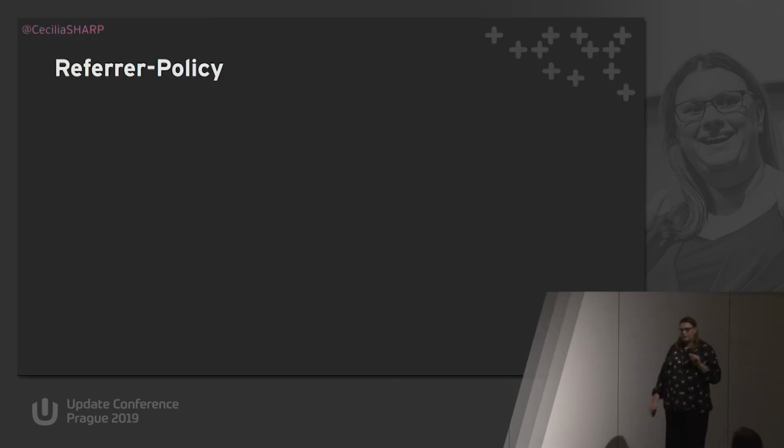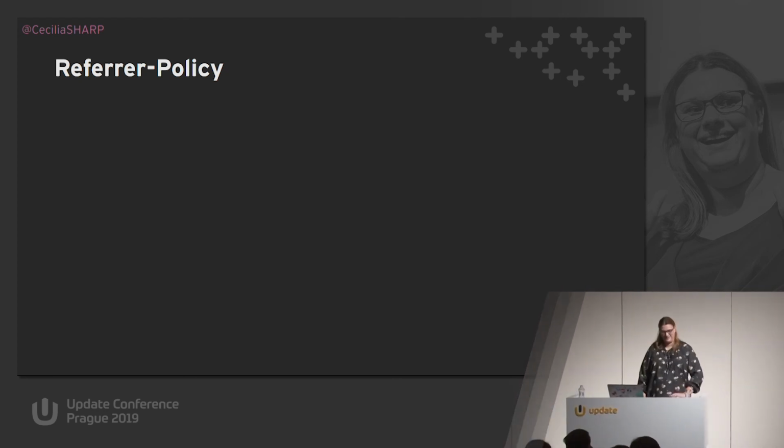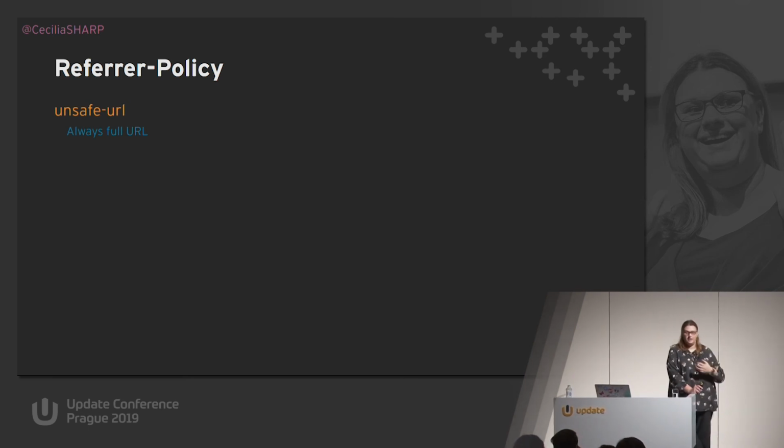So for this header, we have some values, again. And it's a long list. I need to have my sheet. So first of all, we can say unsafe-url. And with that, we say that it's OK, we are going to expose your full URL to everybody.